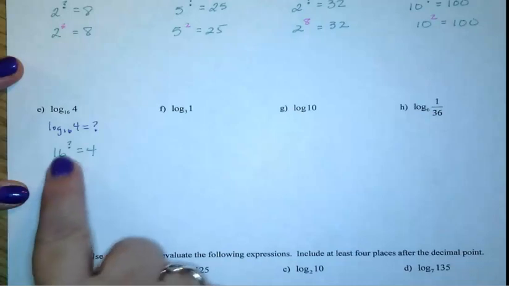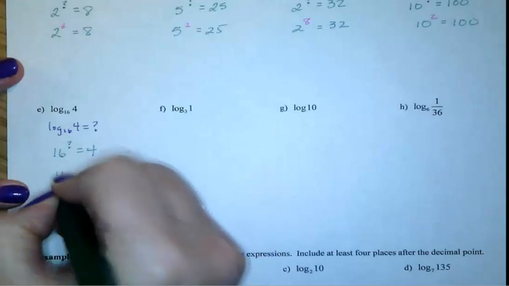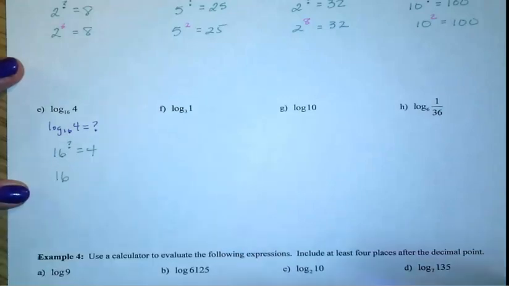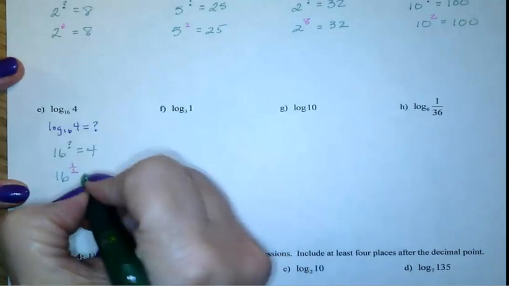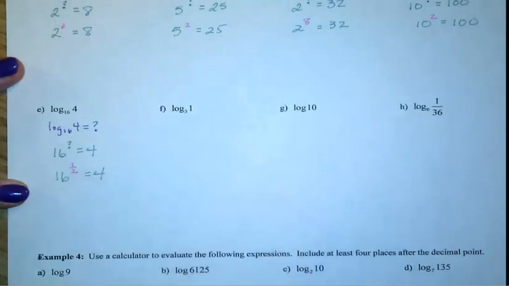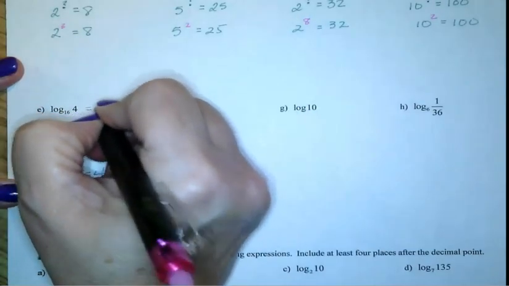So hopefully you can recognize that we're talking about a square root right here. And so the power for a square root would be 16 to the 1/2 power is going to equal 4. And so what's the answer to my log? Log base 16 of 4 equals 1/2.